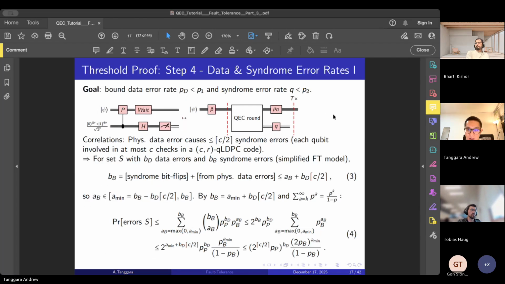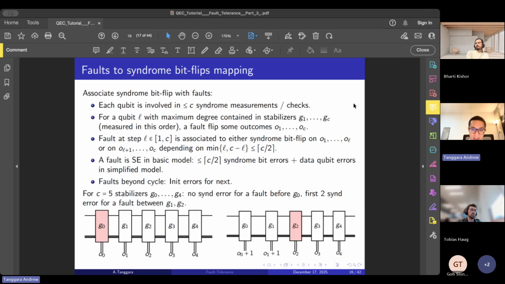The upshot here is that the maximum number of syndrome bit flips that arises from any fault is bounded by C over 2.